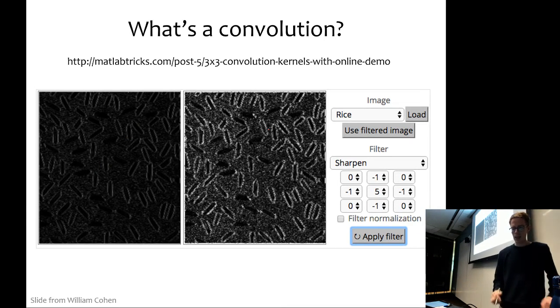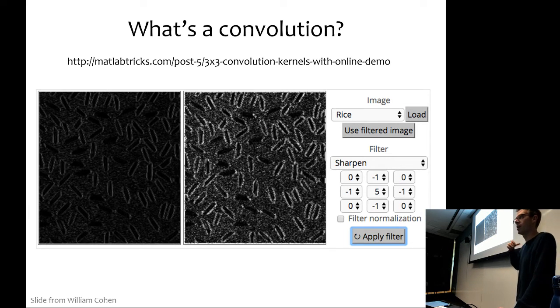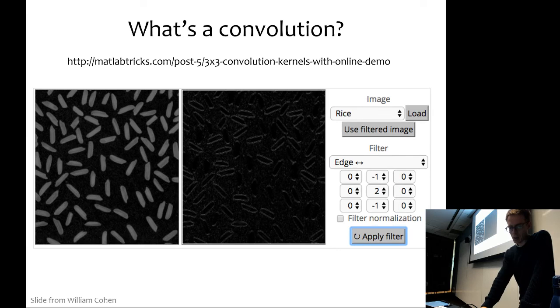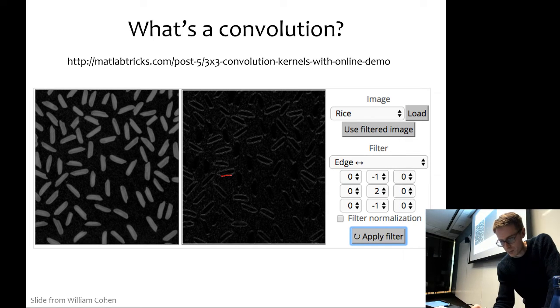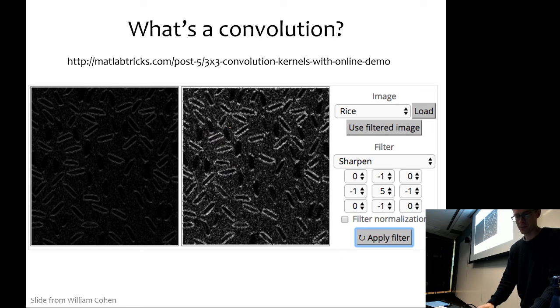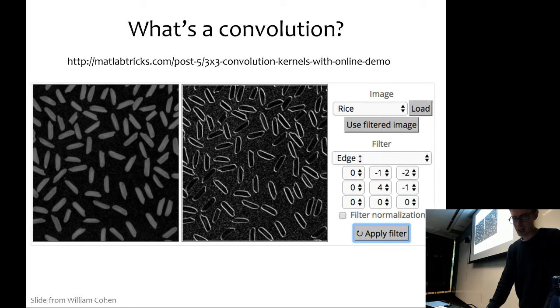You can do a different convolution which tries to sharpen the image. You could do a horizontal edge filter, and now you can see what we're getting back are the pixels for most of the horizontal rice grains.